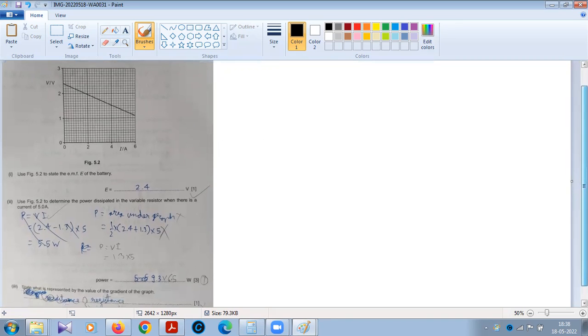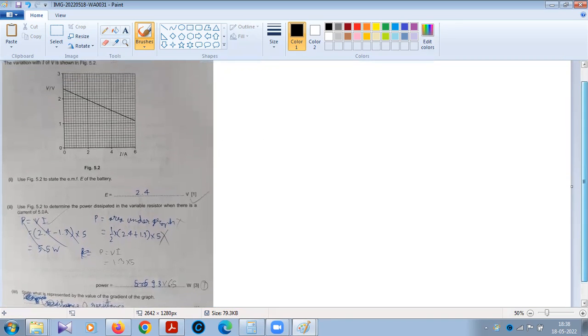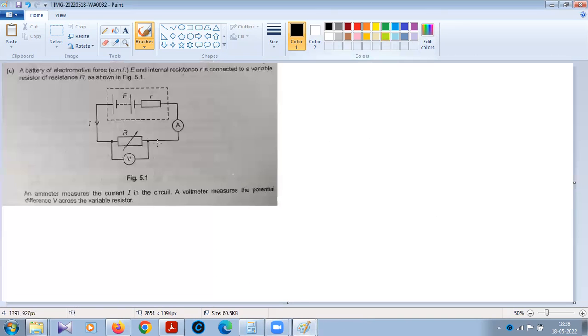So what is happening? We are varying the R. This rheostat we are varying. So what will happen? Say suppose if I increase this R. If I increase the R, then what will happen? We know that V is equal to what? E minus Ir. We know this relation.